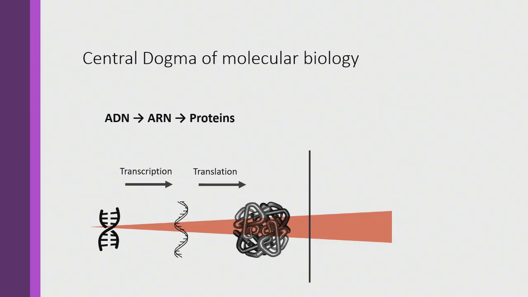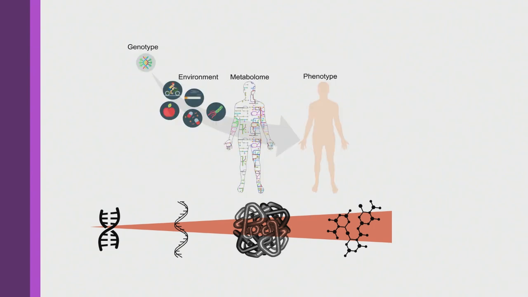And the metabolites are the end of this pathway or system. Metabolites are closer to the phenotype in the sense that they are the immediate image or picture of what's happening in this information flux.